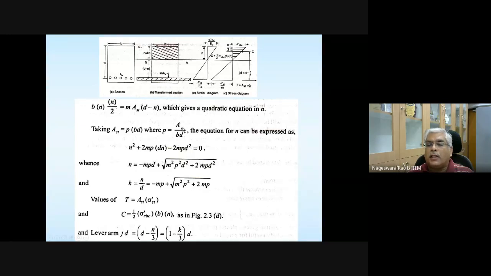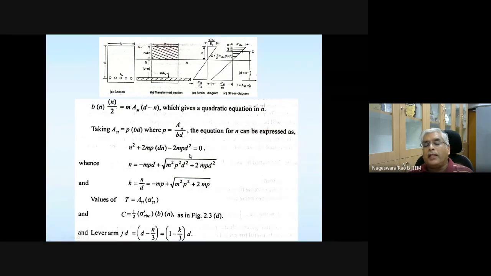p is the area of steel divided by the cross section of this beam taking the effective depth. And now if Ast is defined like this, then this equation can be rewritten in terms of p.